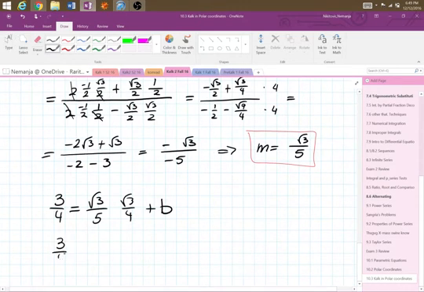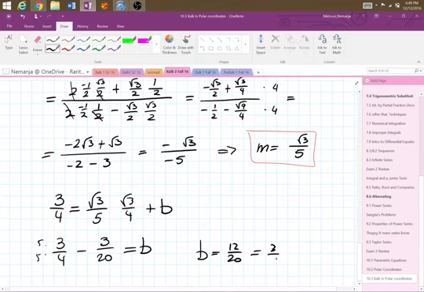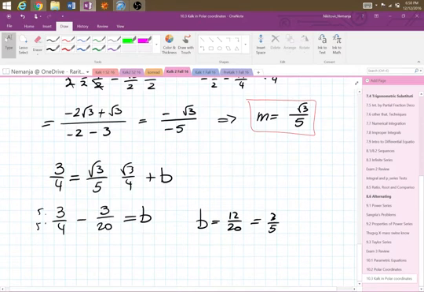So we have 3/4 minus 3/20 is b, times 5 over here for common denominator. 15 minus 3 is 12/20. 3/5. Are we good with 3/5 on b? Wasn't that 3/4? Oh, yeah, it was.